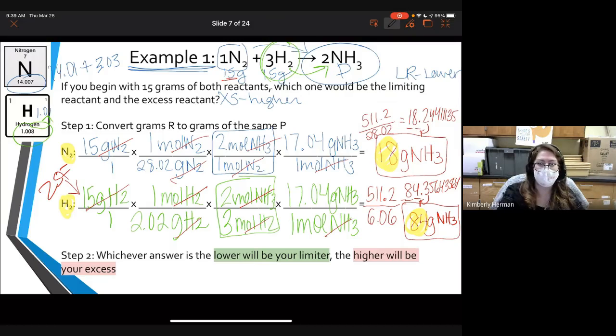Okay, I hope you yelled at your screen that it's 18. So our limiter would be N2 and our excess would be H2. So N2, nitrogen, would stop the reaction once 18 grams of NH3 was made, and then we would have an excess of H2 gas as our other reactant left over from our reaction.